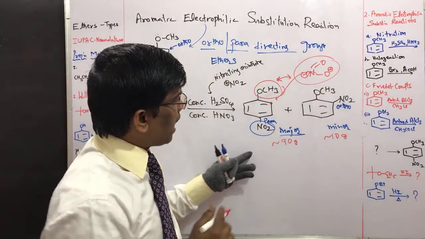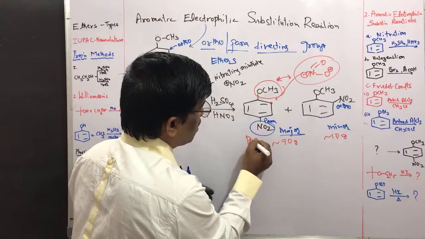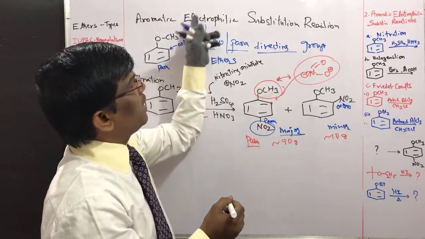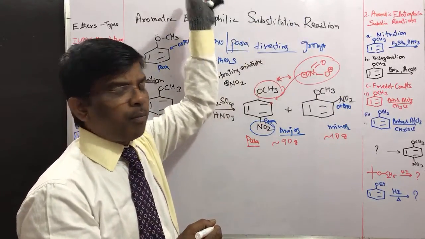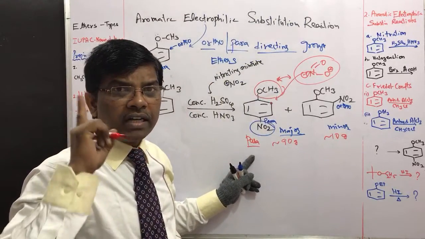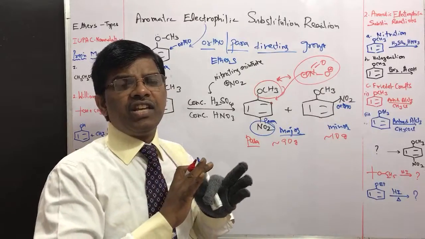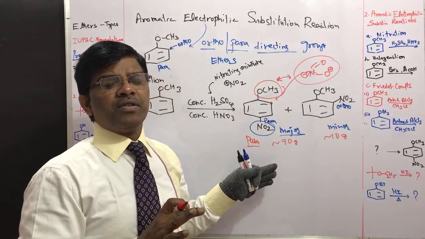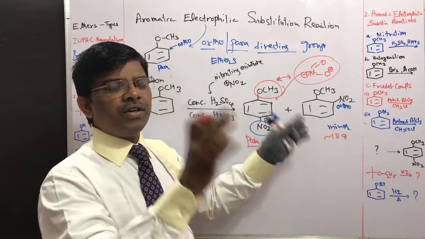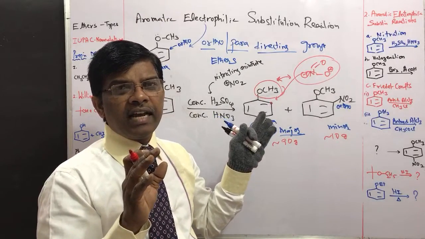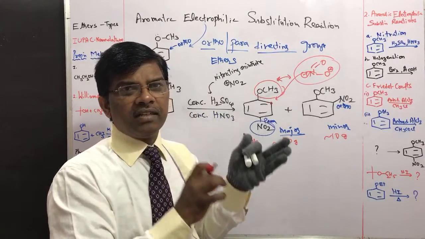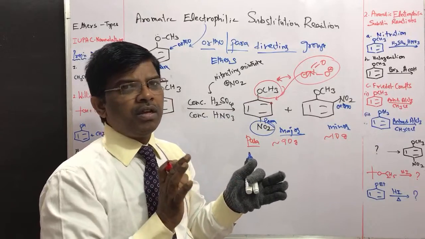That is why the para is major. In most cases of electrophilic substitution reactions of aromatic compounds, the para product is going to be major. It is a thumb rule, a generalized rule. So blindly, if someone asks, para is going to be major if it is an ortho-para directing group.